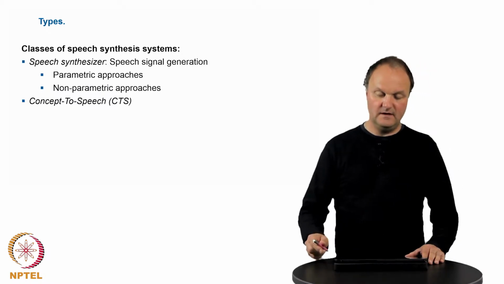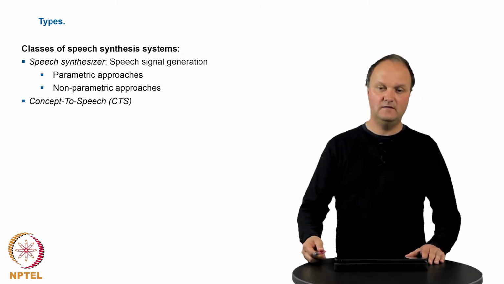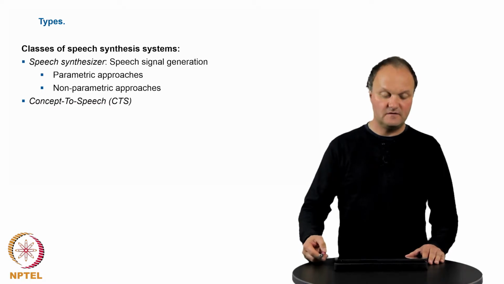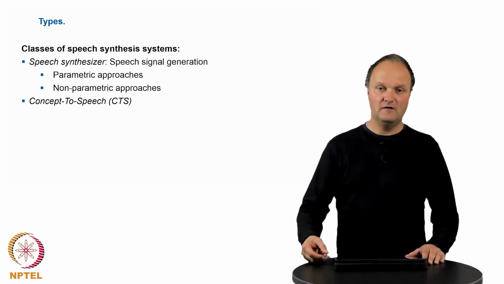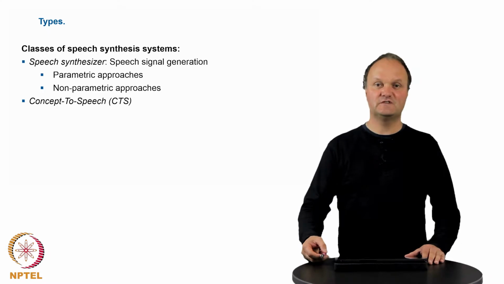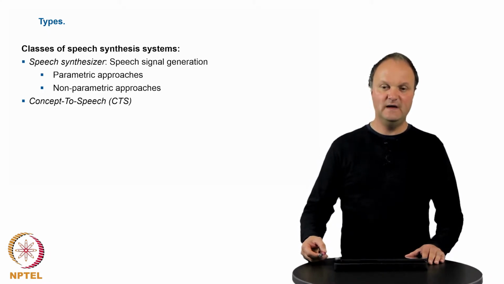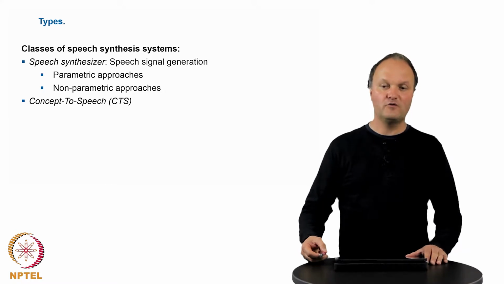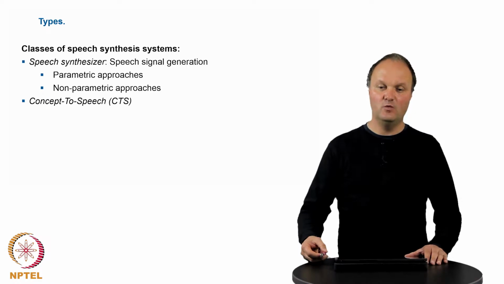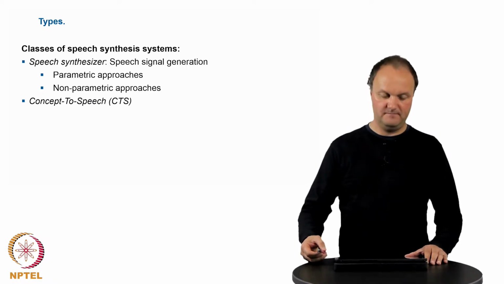Now, the differences arise when we take the input information for the synthesis process. So there are some synthesizers which start from a concept of the speech to be produced, which may include also non-orthographic information, for example, where to put intonations, which templates to use, and so on.